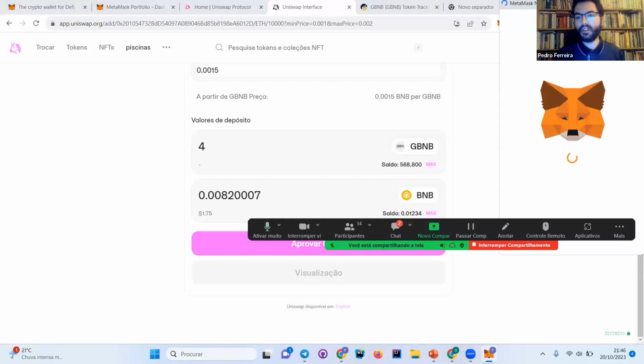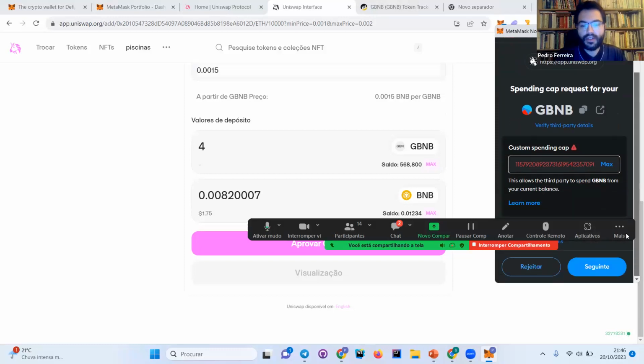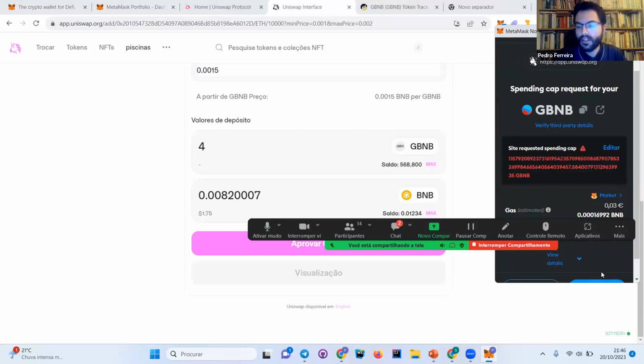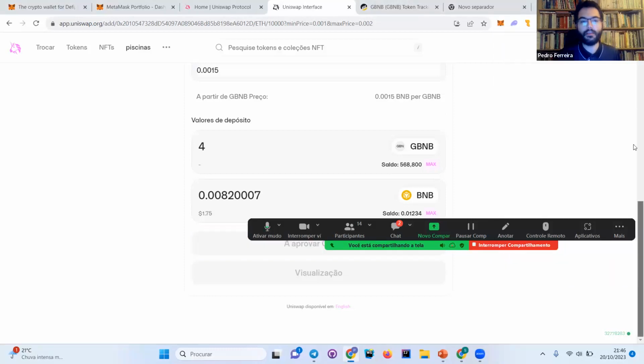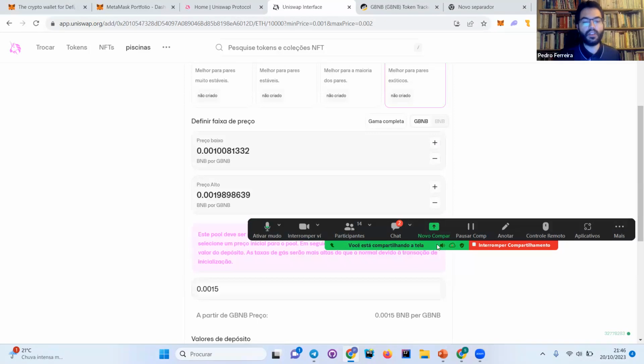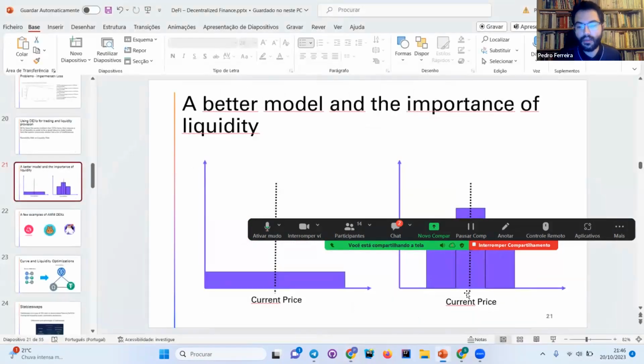I do not have a lot of BNB here, so I will add this value. What you are going to do now is approve GBNB to give liquidity in the pool. So basically, we are creating the market. But remember, this is the lowest and the highest price of the liquidity that we are giving. We set the price here at 0.0015, and we are protecting the range between 0.001 and 0.002.